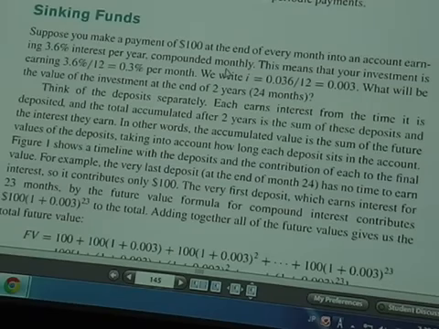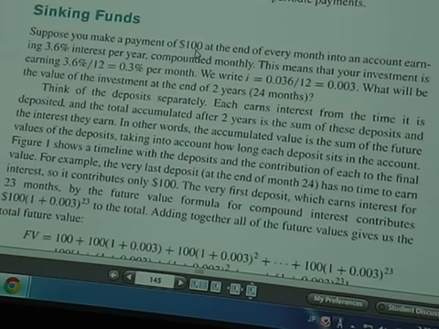So you're going to put in $100 every month, which is about ichiman yen, into Oita Bank, and you're going to earn 3.6%, which you don't really get at Oita Bank, but okay? And this money is going to be compounded monthly. We understand that now, so this is in a new section, but they're referring to compounding monthly, and they assume we already know what it means, and we do know what it means.